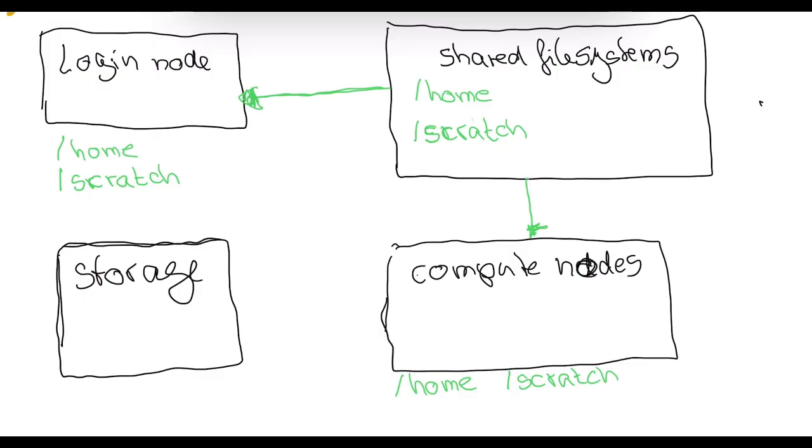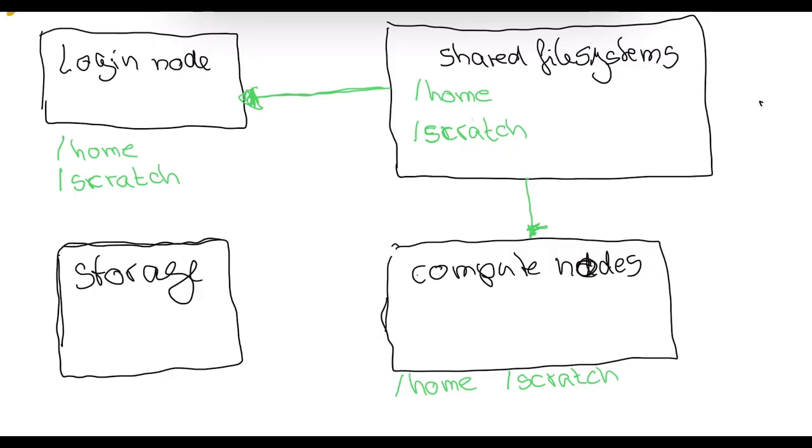Different HPC systems might have a tiered system for Scratch, so there could be a Scratch 1, a Scratch 2, a Scratch 3, for example, and these might differ in performance. So the more data you can have in it, or the longer you can have your data sitting in there, the slower the performance might be.